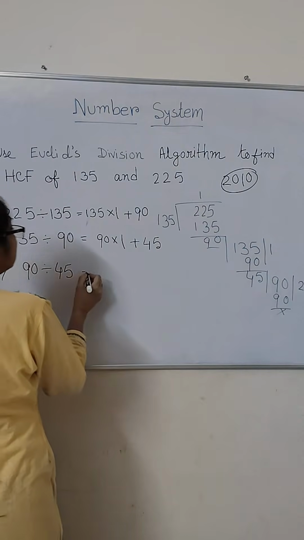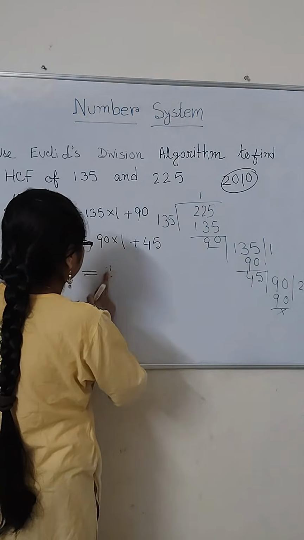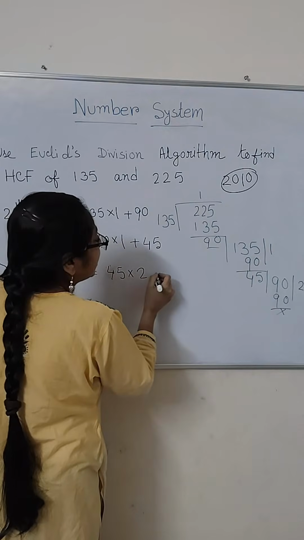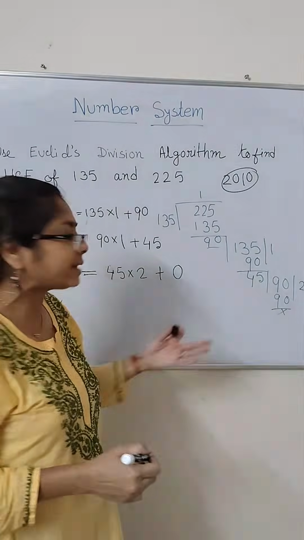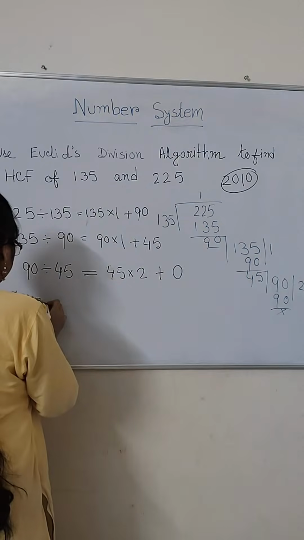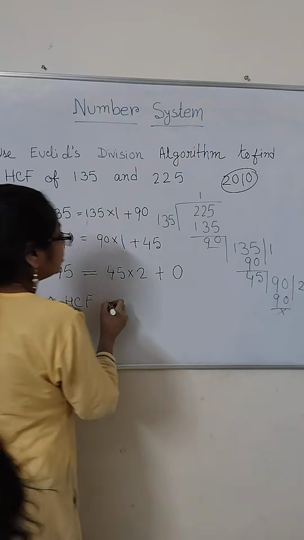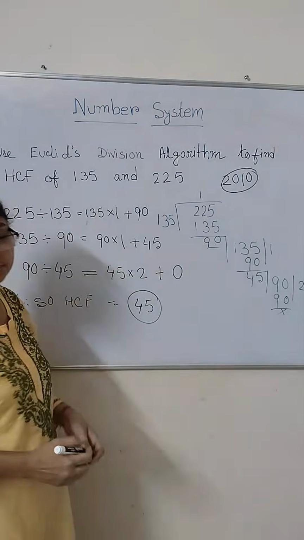What's the result? It is 2, 45 into 2, and there is no remainder, so write 0. Then what is the HCF? Our HCF is 45. HCF equals 45. Okay?